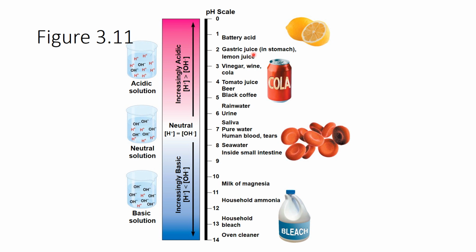And these are some common examples of solutions and their relative acidity and basicity. Now, a basic solution can also be called alkaline. So alkaline solutions are basic solutions, and both of them are going to have a higher amount of hydroxide ions than hydrogen ions in the solution.